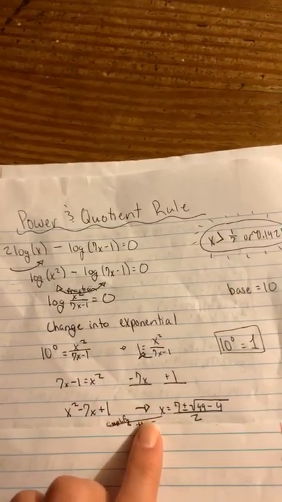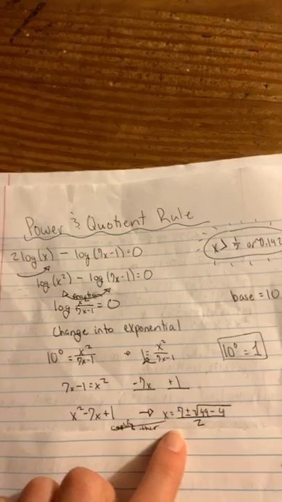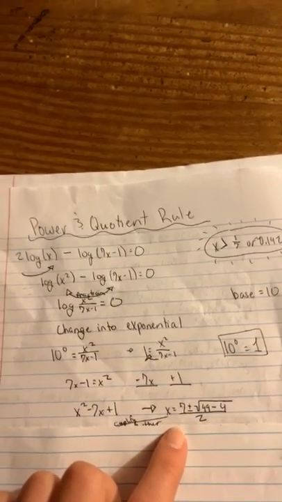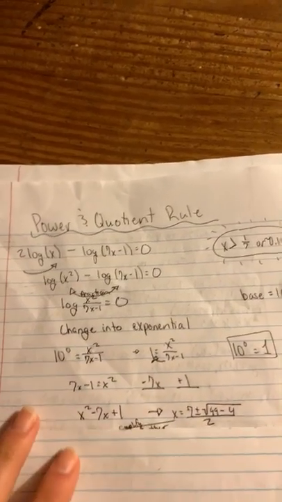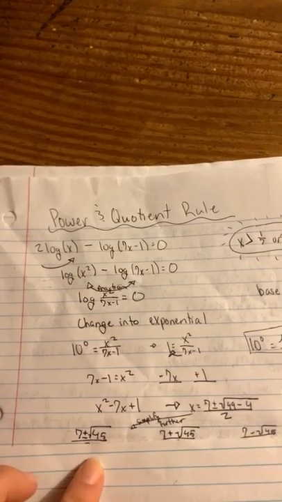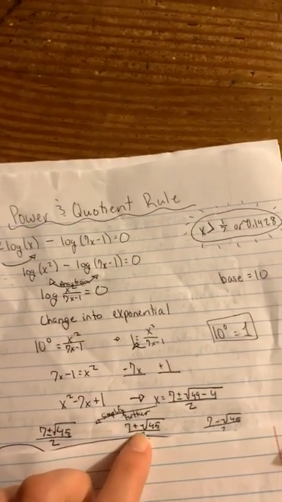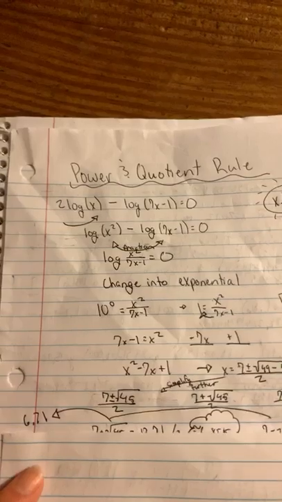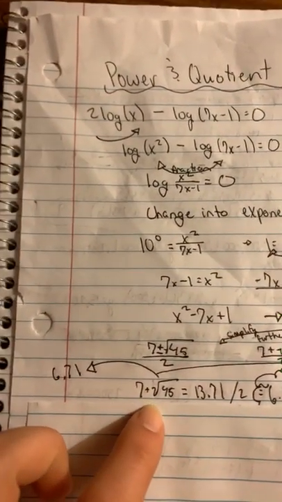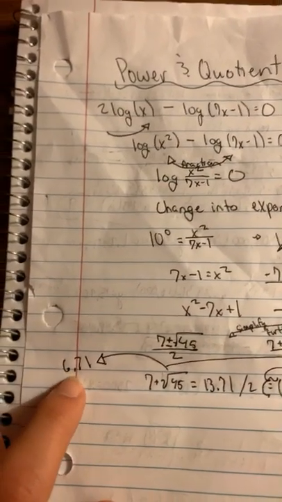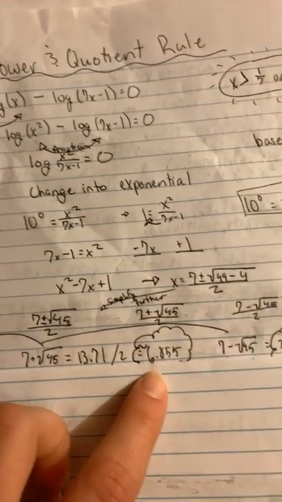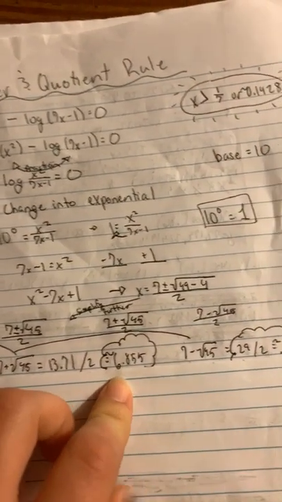And we can use our handy-dandy quadratic formula, x equals negative b plus or minus the square root of b squared minus 4ac all over 2a. And we get two solutions. We get 7 plus or minus the square root of 45 over 2, which is 7 plus and 7 minus. So for 7 plus, we can add 7 to the square root of 45, which is about 6.71, divide that by 2, and we get about 6.855.